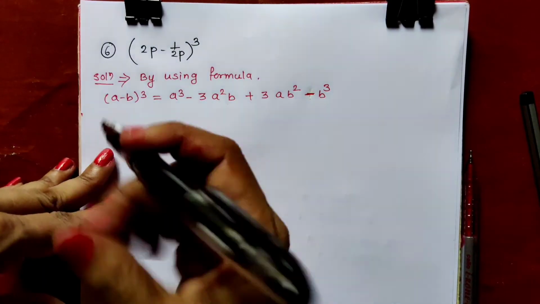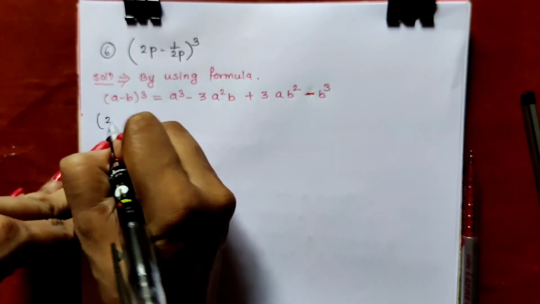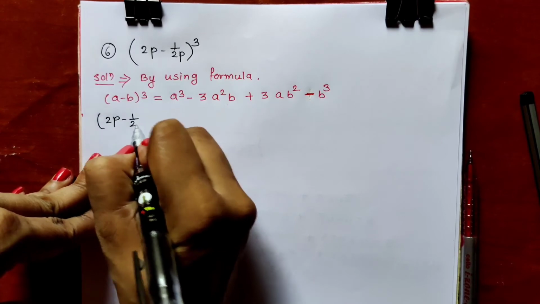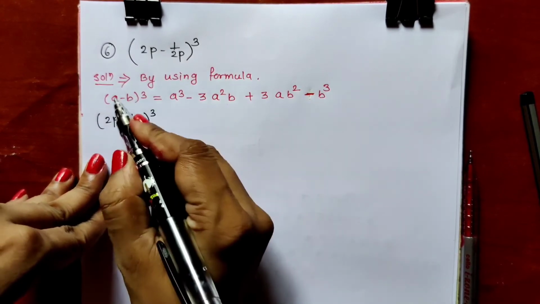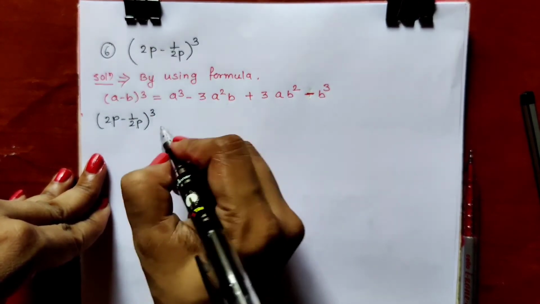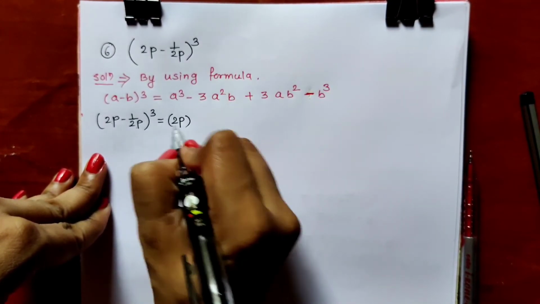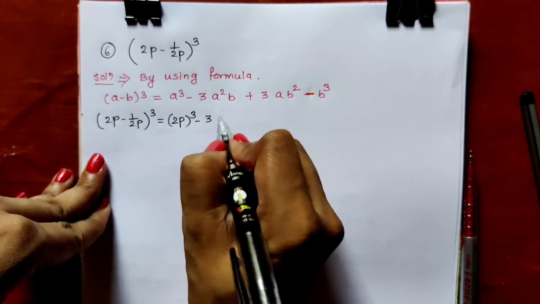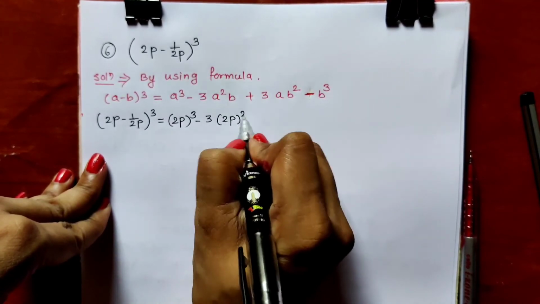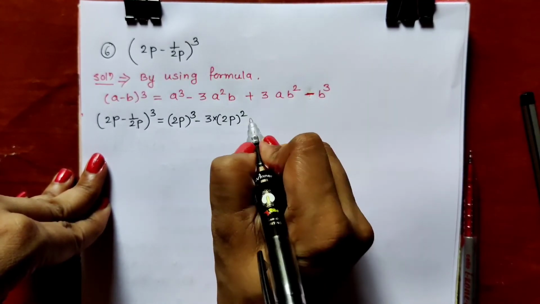Now let us apply. Our sum is 2p minus 1 upon 2p whole cube. A is 2p, b is 1 upon 2p. So in place of a, we will be writing 2p only. So 2p cube minus 3 into 2p square. I will write the multiplication sign.